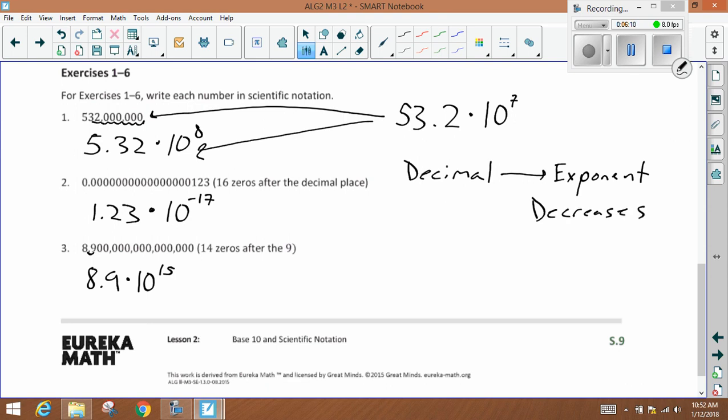And if we were to move it to the left, the exponent would increase. And we're going to actually have to do that with some problems that are coming up, all right? Ready? Let's get it?